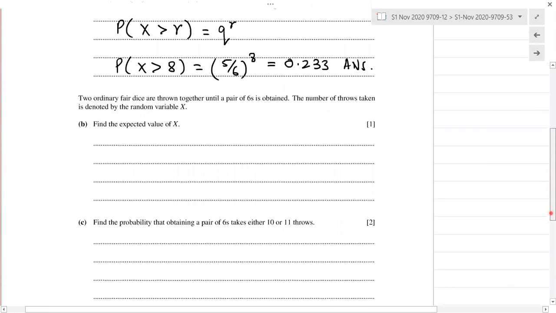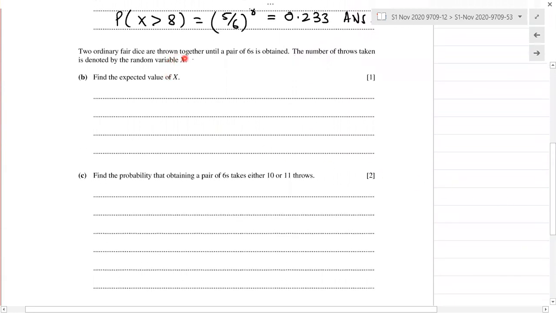Now part B, it says two ordinary fair dice are thrown together until a pair of sixes is obtained. The number of throws taken is denoted by the random variable x. Find the expected value of x. So what's the probability of getting a pair of sixes? For two sixes, that's going to be 1/6 times 1/6, which is 1/36.